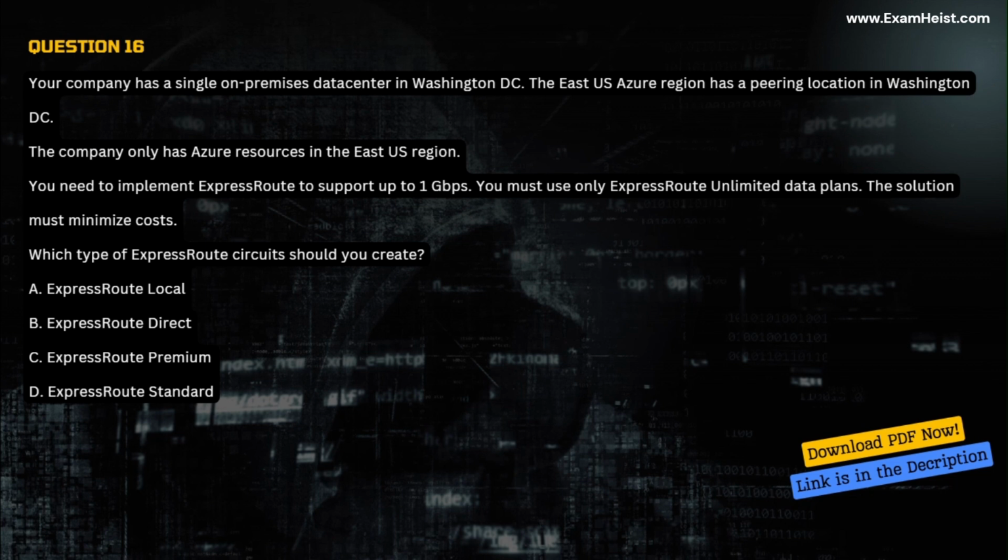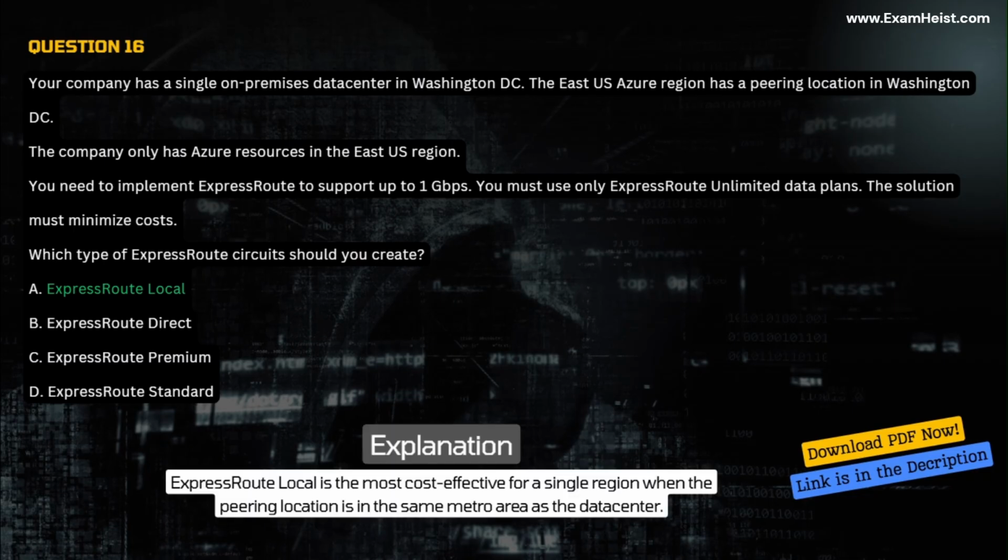Which type of ExpressRoute circuits should you create? A. ExpressRoute Local. B. ExpressRoute Direct. C. ExpressRoute Premium. D. ExpressRoute Standard. Correct answer: A. ExpressRoute Local. Explanation: ExpressRoute Local is the most cost-effective for a single region when the peering location is in the same metro area as the data center.